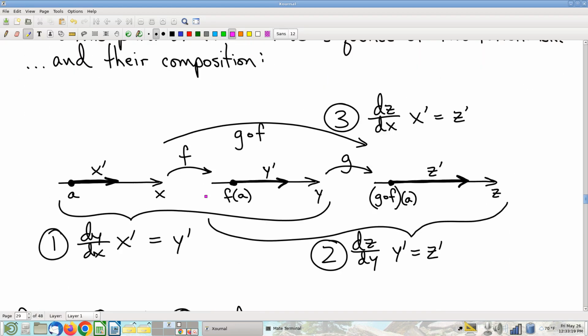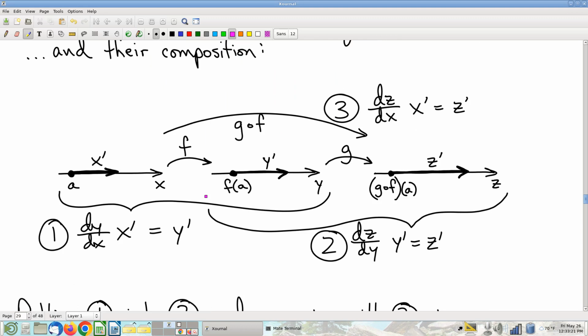All right, so now let's apply that point of view in this circumstance where I have a composition. There is this function here that turns x's into y's, and this function here that turns y's into z's.